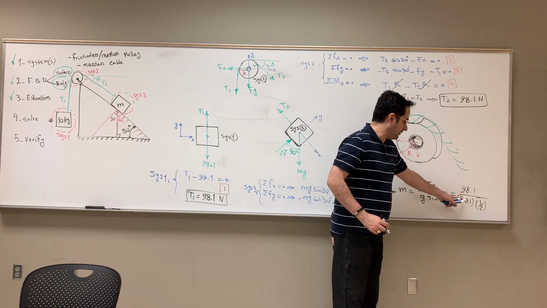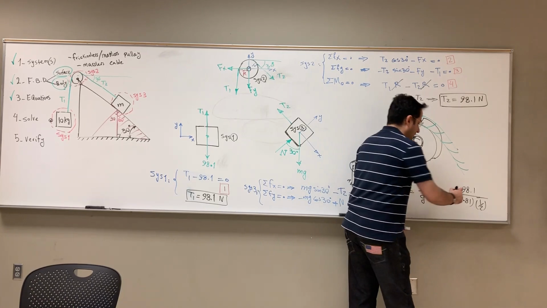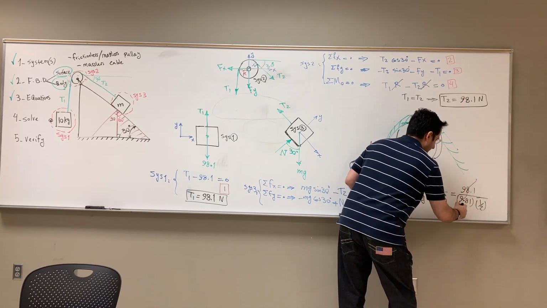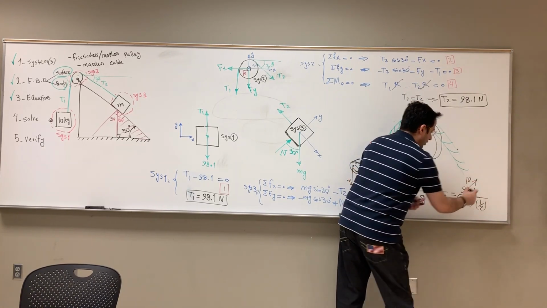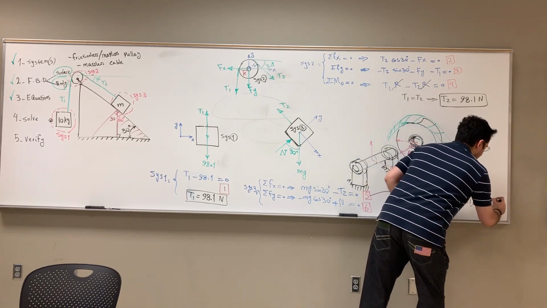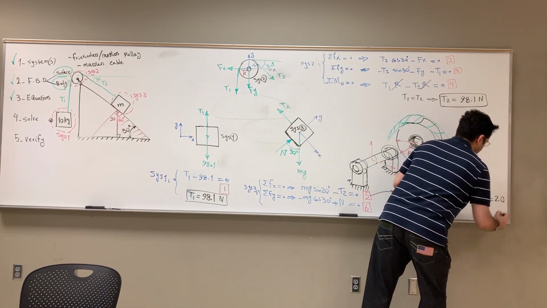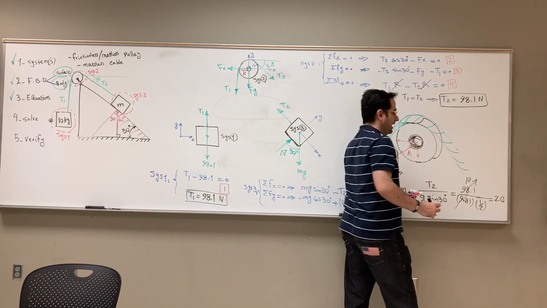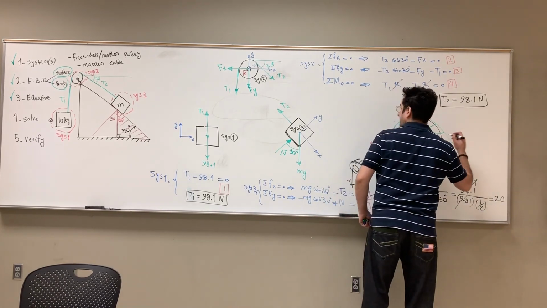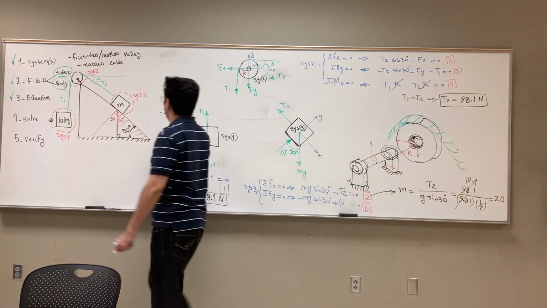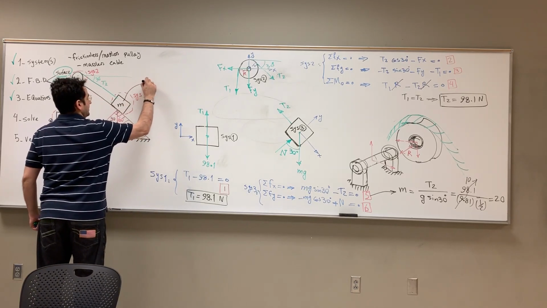So 98.1 divided by 9.81 is 10. Multiply by 2, the end result is 20. So this mass is 20 kilogram. The answer to part B.